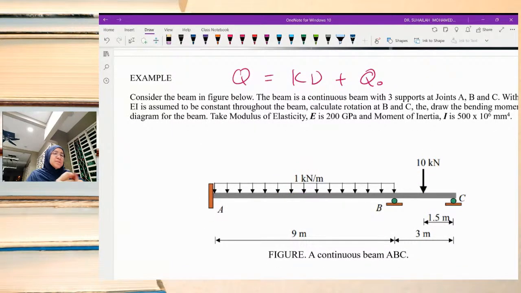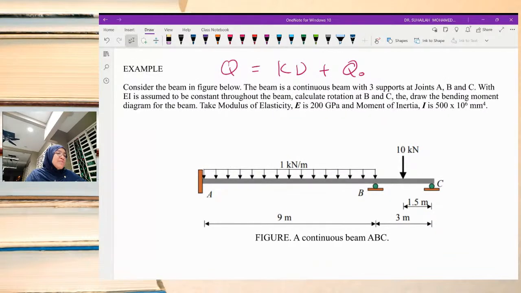This is just like a conventional type of beam, where we can also analyze this using the flexibility method. In the flexibility method, this beam has 5 unknown reactions, so there will be 2 redundants. But using the stiffness method, we will determine the displacement first, then only we calculate the unknown reactions.